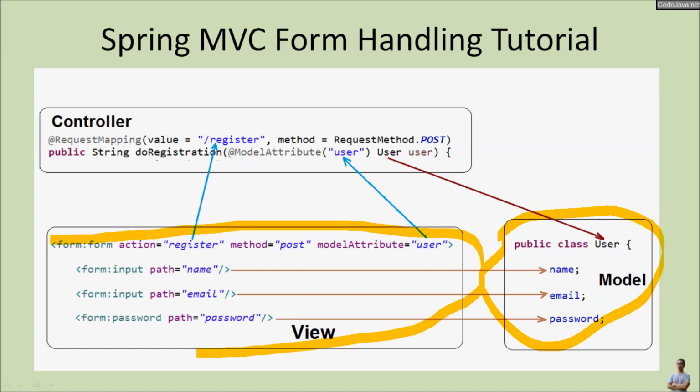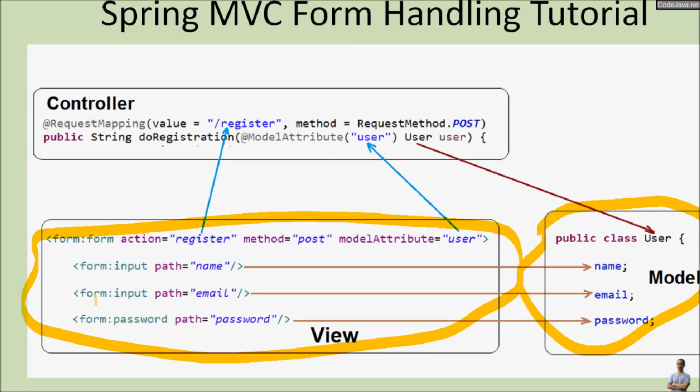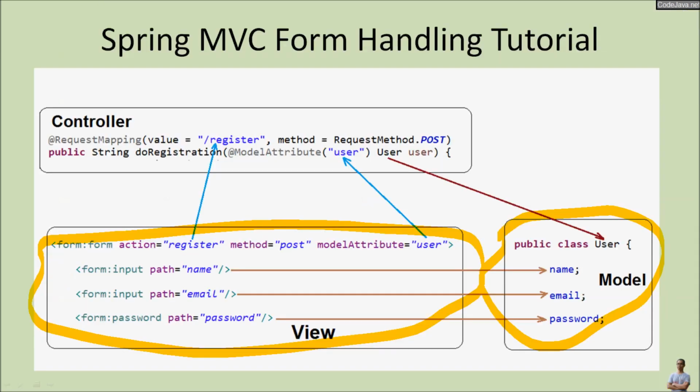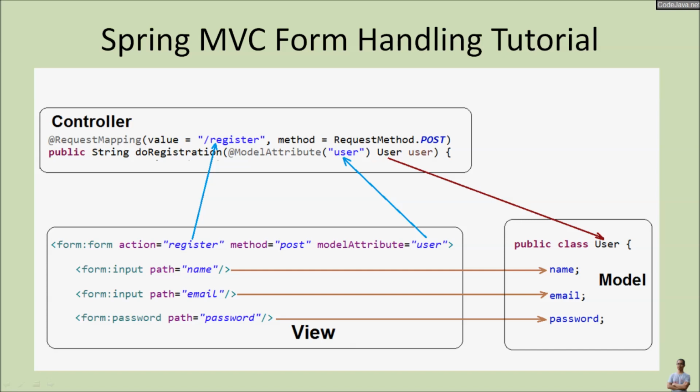The JSP page uses Spring form tags, and you can see here we use form input, form password, which are Spring form tags, and note that the action of the form should match the request mapping value here.